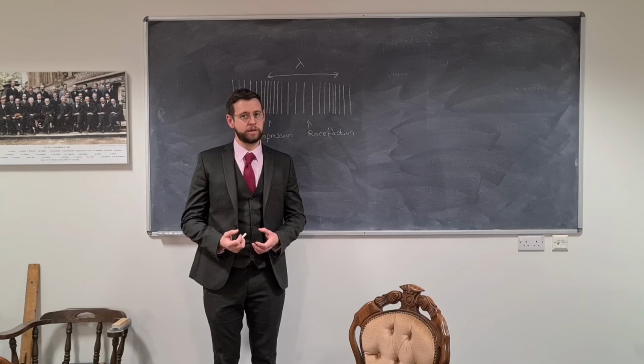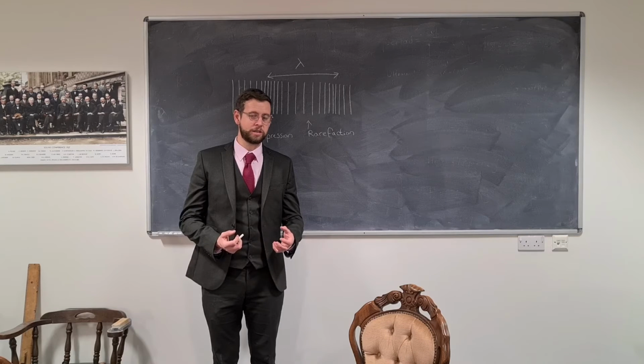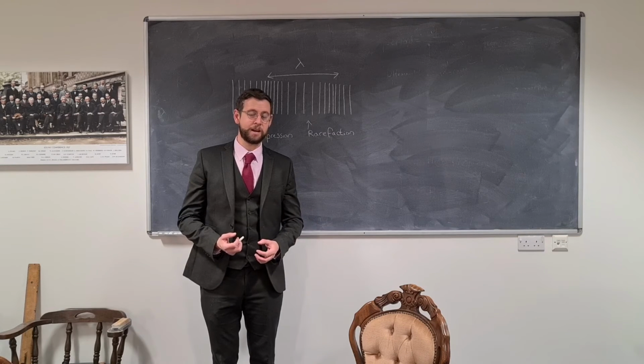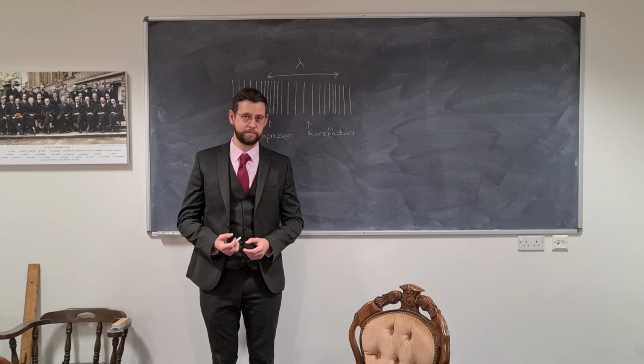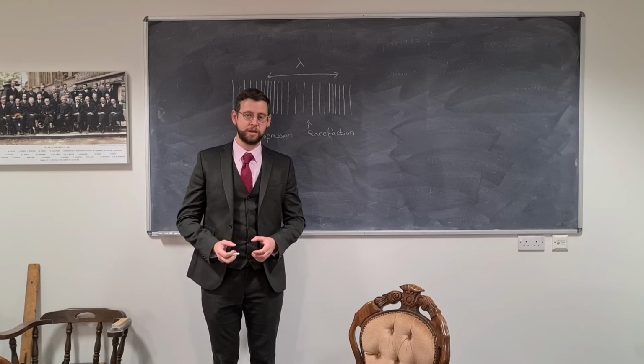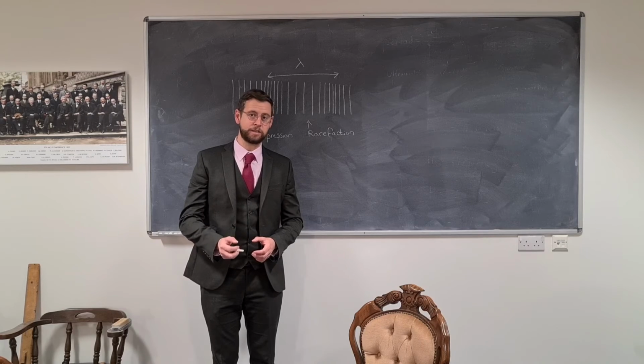But with sound, the first thing that was more obvious to us was the frequency, and only by measuring the speed of sound were we then able to infer what the wavelength was. So from this point onwards, we will always refer to sounds with frequencies.